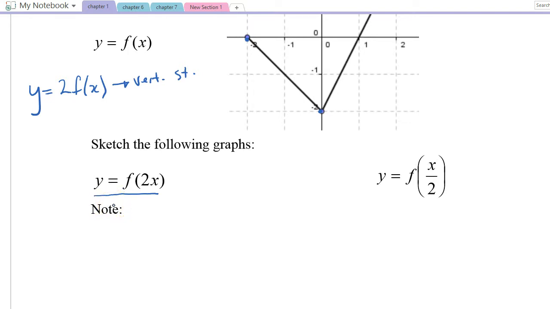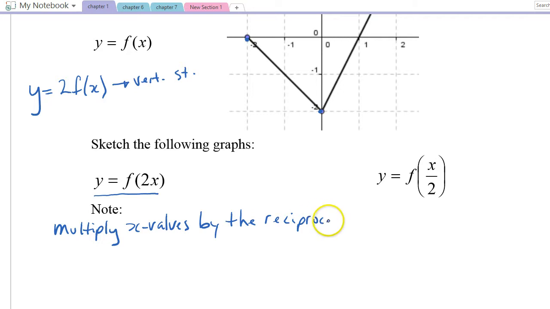Really what we're going to do is multiply the x values by the reciprocal. So for this example, we're going to be multiplying our x values times a half.